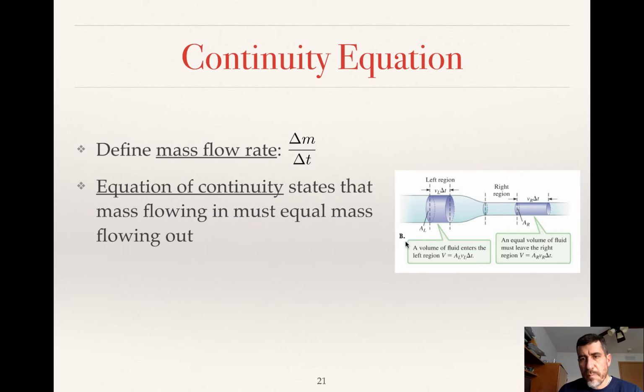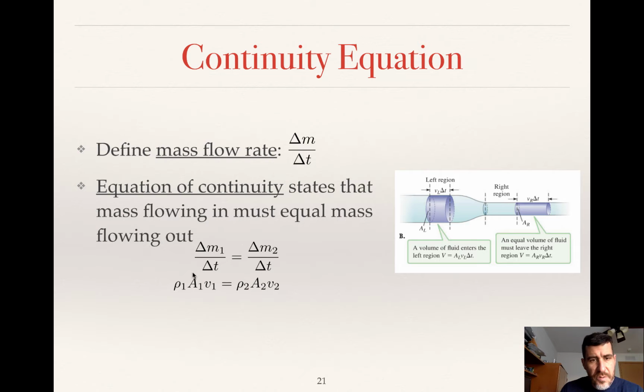So imagine you have some pipe and perhaps the pipe changes in diameter. But even with the change in diameter, if you're pushing some amount of mass per time in, then that same amount of mass per time has to come out. That's just the continuity equation, which says that mass can't be created or destroyed. So the mass that goes in has to come out.